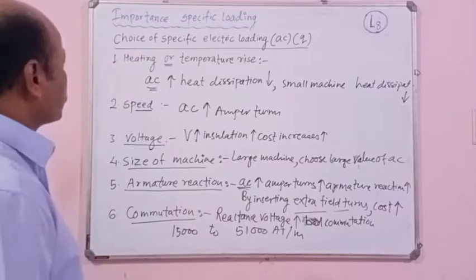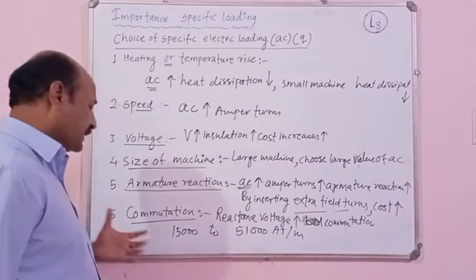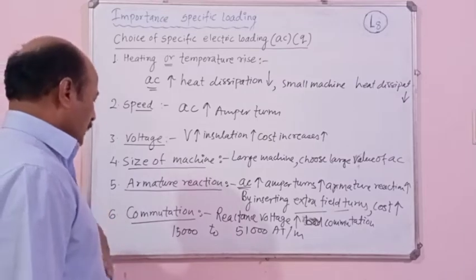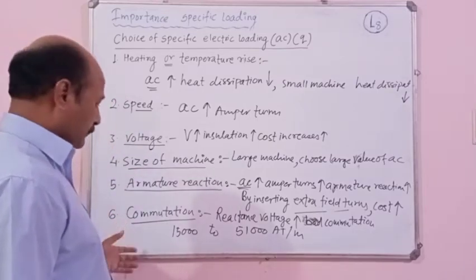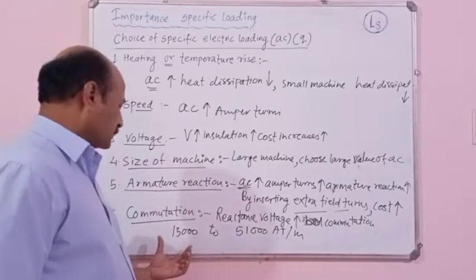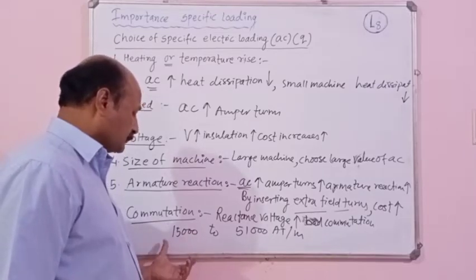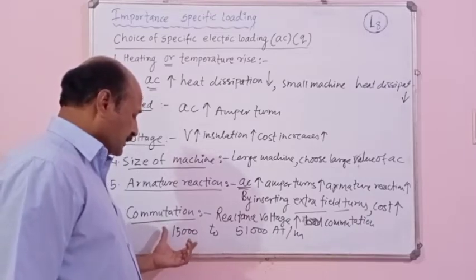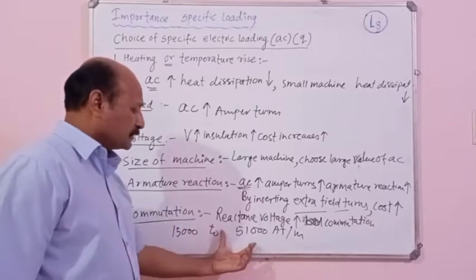So in this way, the choice of specific electric loading is very important, and these are the importance of the choice of specific electric loading. What is next? Now we have to see the table. In that table, how the rating of the motor changes the value of specific electric loading from 15,000 to 51,000.